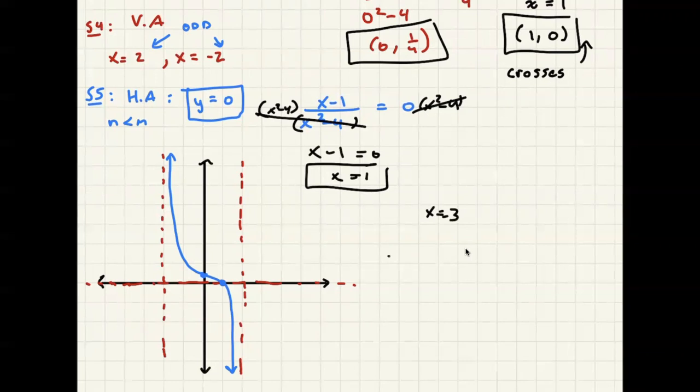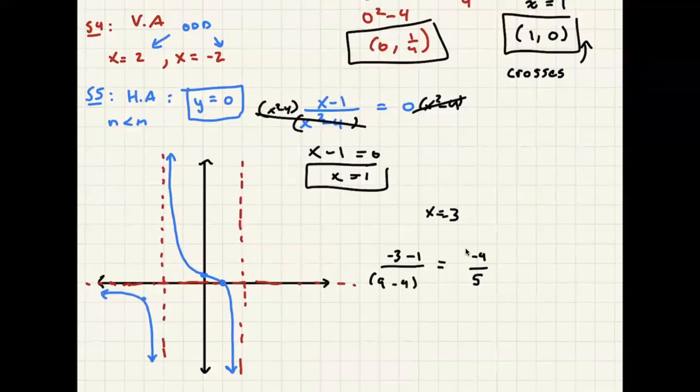So our original function at -3 is -3 minus 1 over 9 minus 4, which gives us -4 over 5. So at -3 we're going to be down here, right? And we know that our graph is going to go like this. Okay. I'm not going to test 3 comma 0.